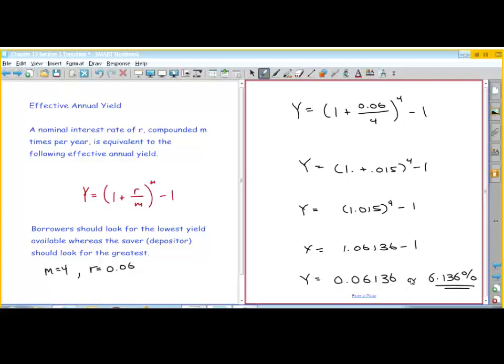So when they advertise a yearly interest rate of 6%, because of quarterly compounding, you're effectively getting more than that. You're getting 6.136%. So you can expect after a year that that'll be your interest, not 6% of your balance, but 6.136. So it's 0.136 out of 6.